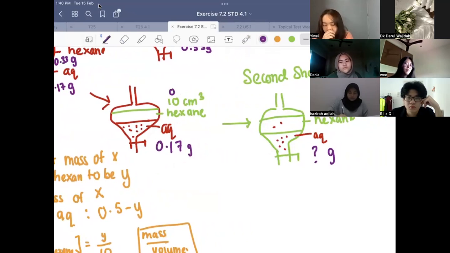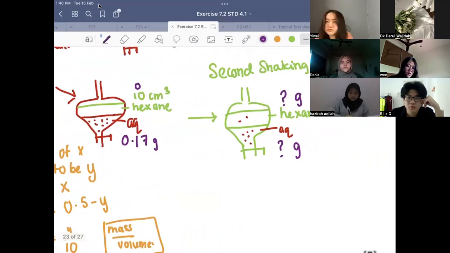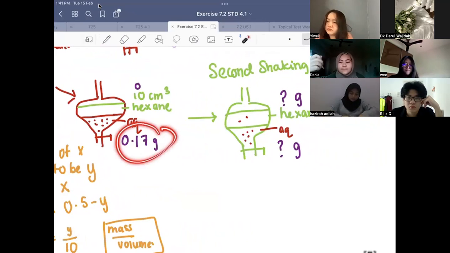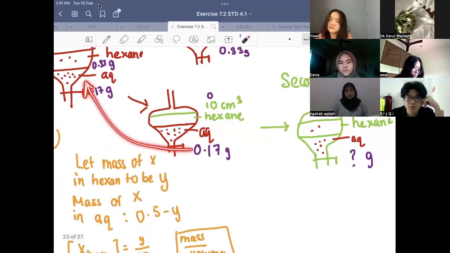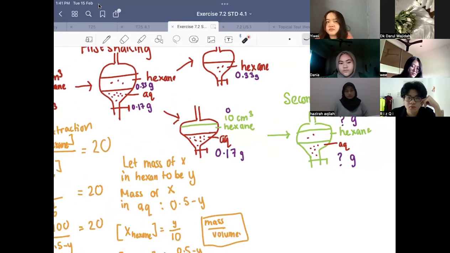Initially, there's no X in that layer. So for the second shaking, I started with 0.17 grams, because that's what I have left from my first washing.